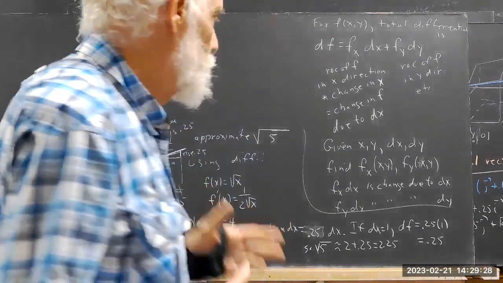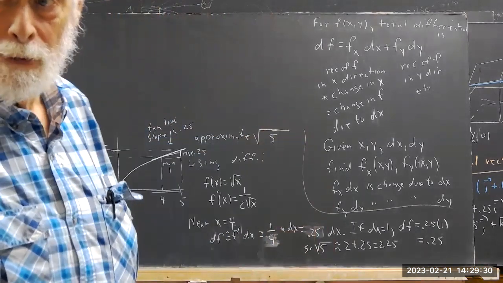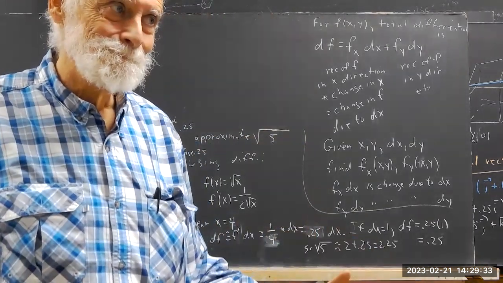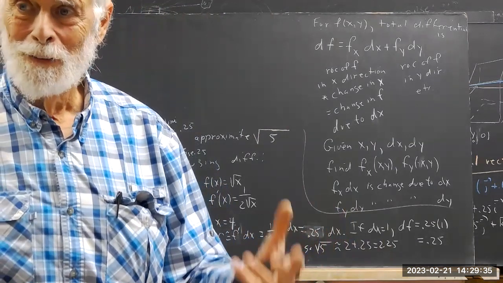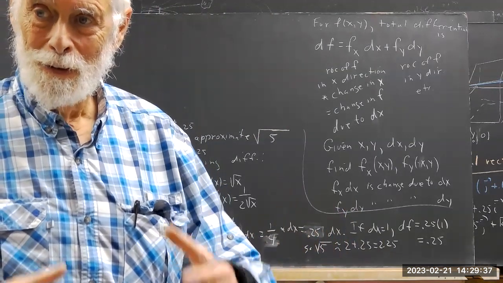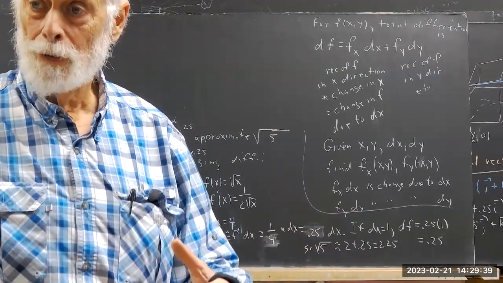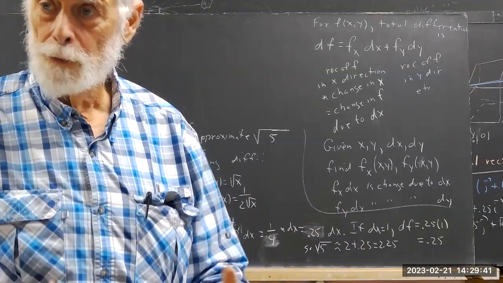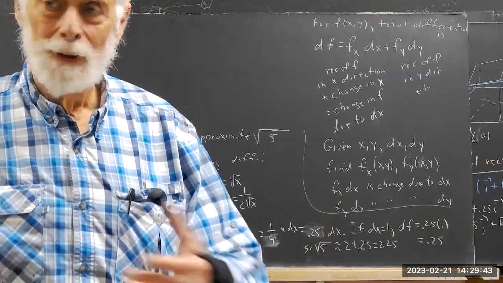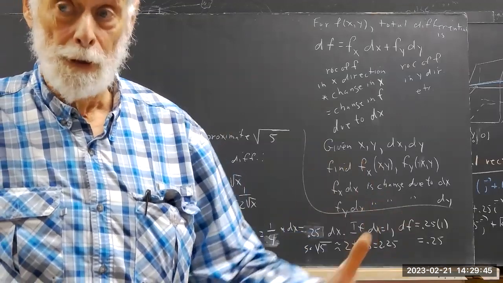I recommend that you understand differentials at that level, because you're going to need to understand a lot of stuff that's based on the idea of the differential as we go through the next few sections and get into directional derivatives and gradients and all kinds of other stuff, and even chain rules. Okay.